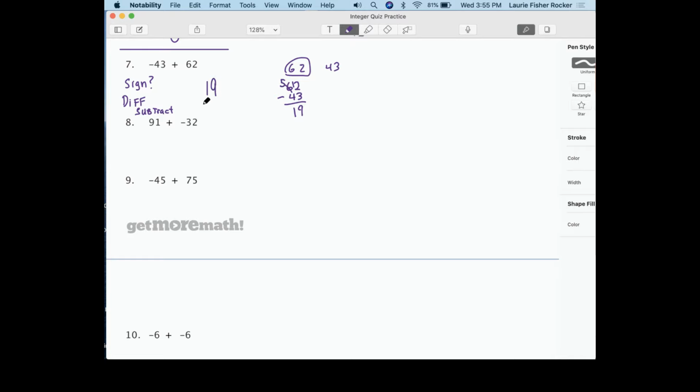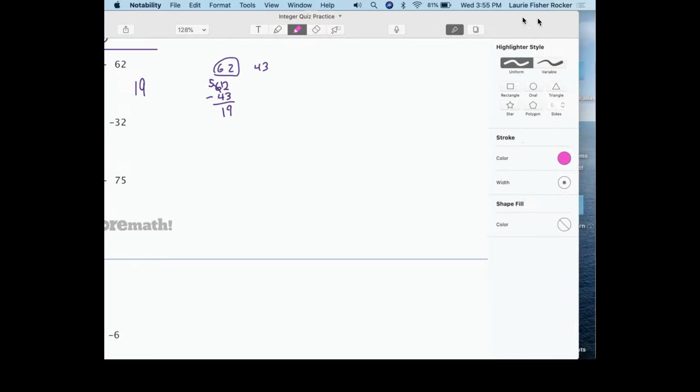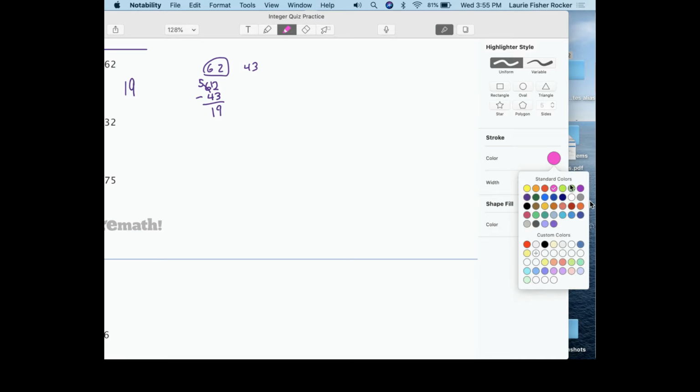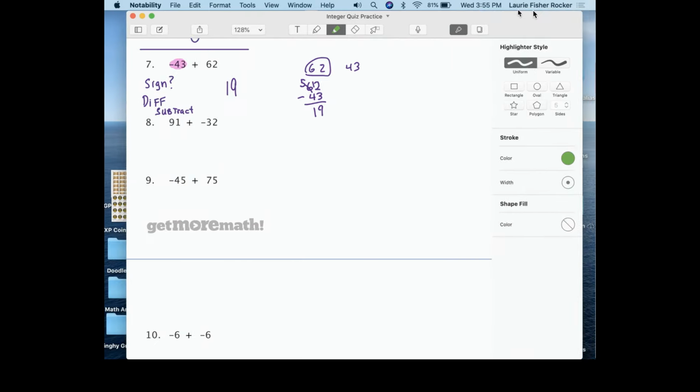So here's the trickier part. What kind of 19 is it? Is it going to be positive 19 or negative 19? So you have to look over here, and if you're picturing this, say those are red tiles, and green tiles. So let me make this smaller so I can keep that all in. All right.